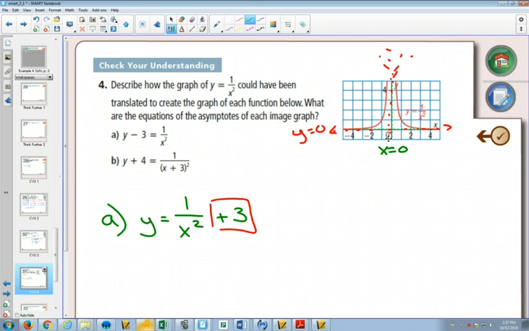Outside of my function, it's going to translate 3 units, which direction? Up.